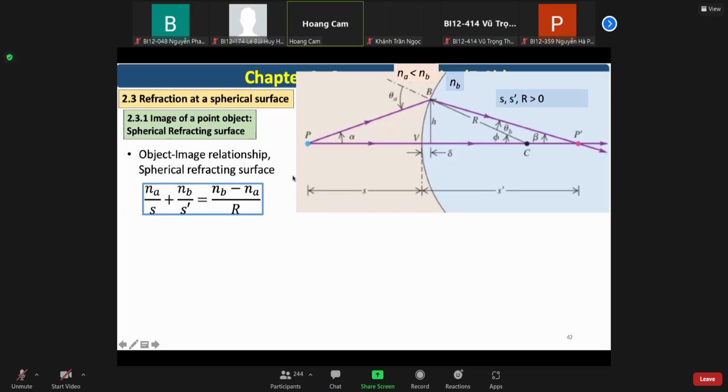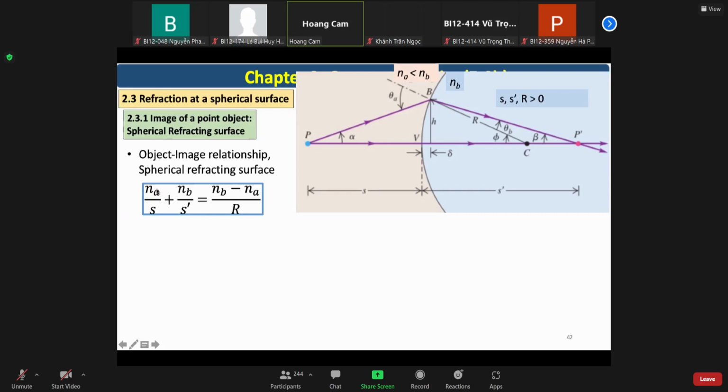So pay attention, the object and image relationship S and S prime will be related to each other in different ways, depending on the optical device we use: before it was the plane surface, or the spherical reflecting surface, or here the spherical refracting surface. And for the refracting surface, for sure the material properties will affect this phenomenon. So that's why we also concern the refractive index of the materials.